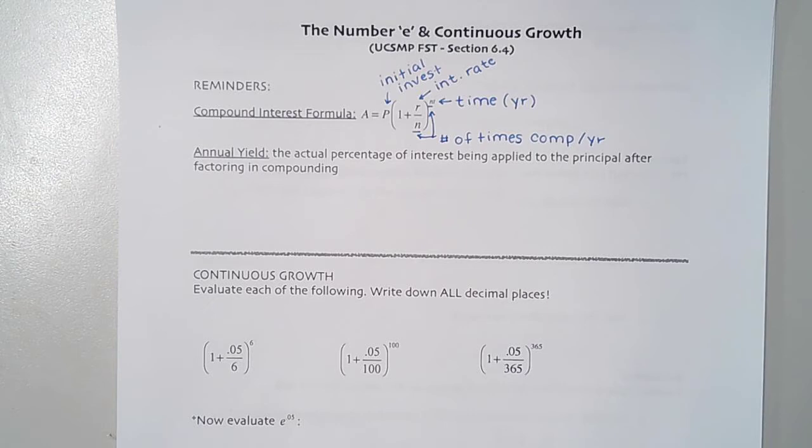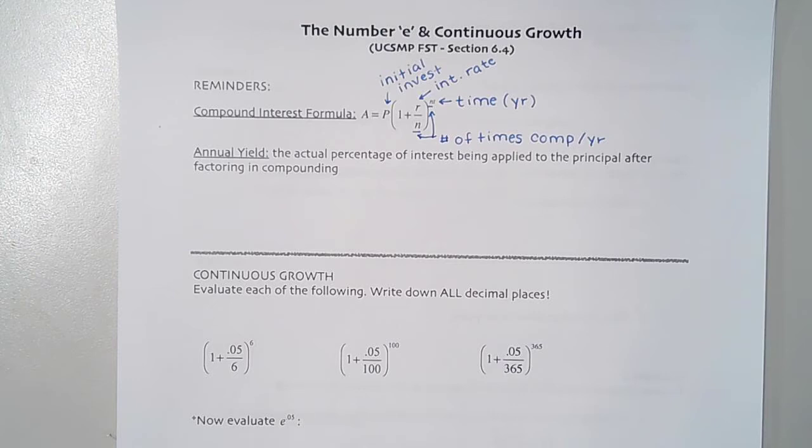And then annual yield, here's what annual yield is all about. So we were just talking about what it means to have compound interest, where you're earning interest on top of interest. That means that if I tell you that you're going to earn 5% interest, let's say, 5% interest semi-annually, you're going to earn 2.5% interest halfway through the year, and then the other 2.5% will be at the end of the year.